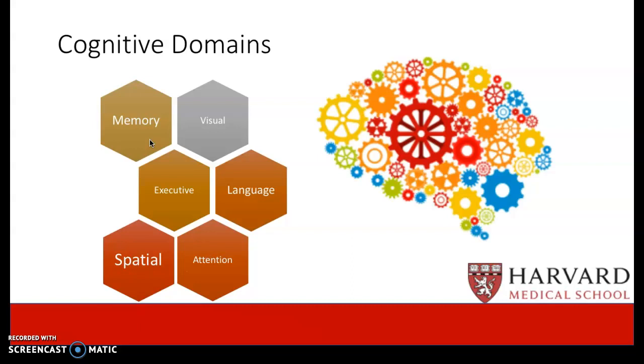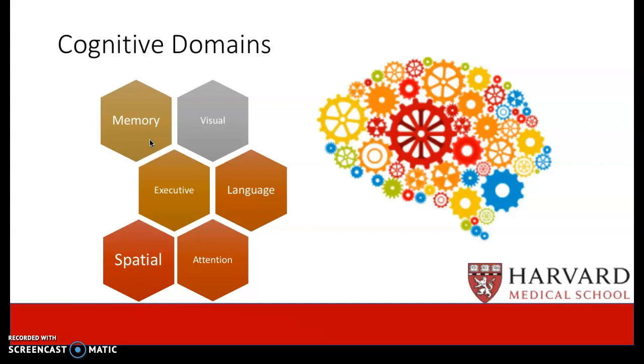So what do I mean by that? For instance, if you're looking at a painting of a face, your brain looks at a pair of eyes, a nose, a mouth, and immediately through visual processing inputs and this cognitive domain, you are able to figure out that the eyes, the nose, the mouth all together form the face.